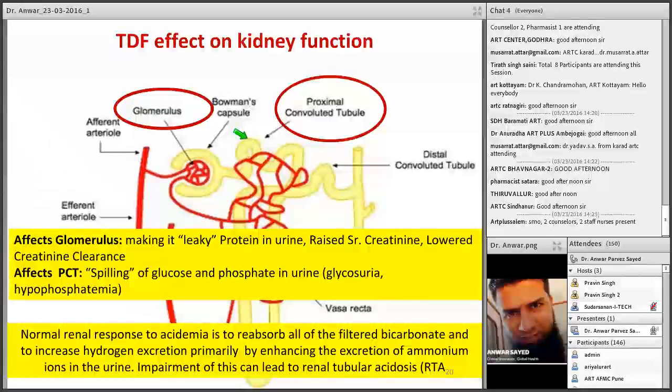So in the proximal tubule, if we see here, this is a major site for excretion of tenofovir, in short. Dysfunction of these proximal convoluted tubules leads to wasting in urine of substances which are normally freely filtered by the glomerulus and then reabsorbed by the proximal tubule, such as low molecular weight proteins, phosphate, or glucose.